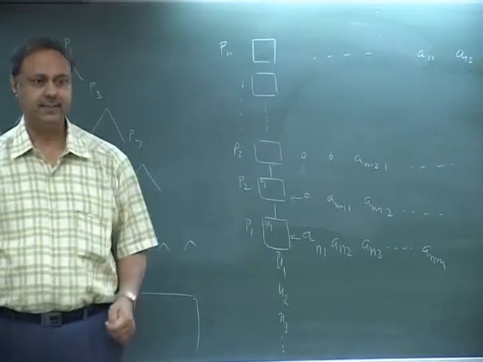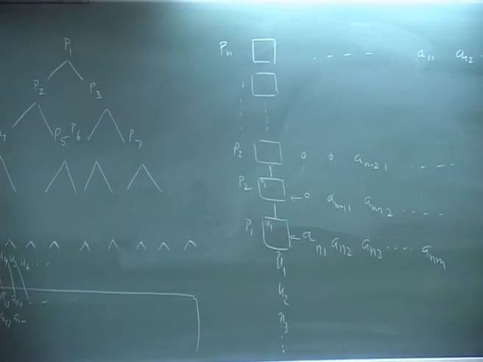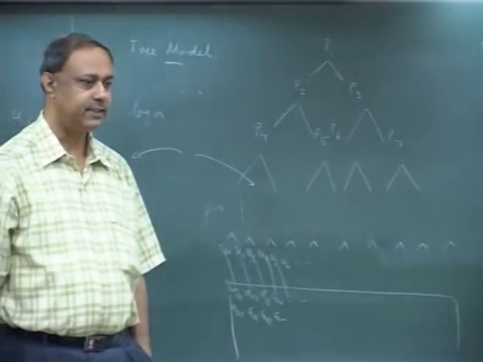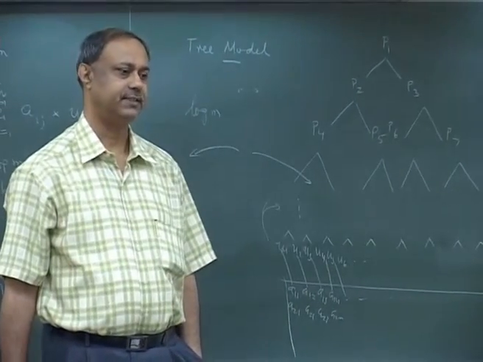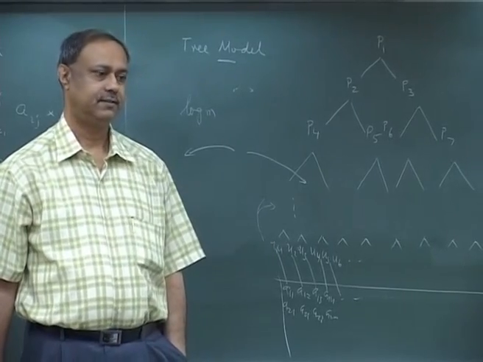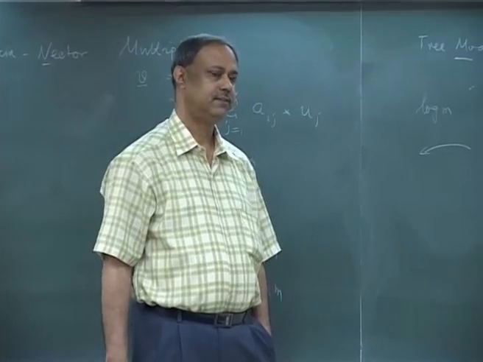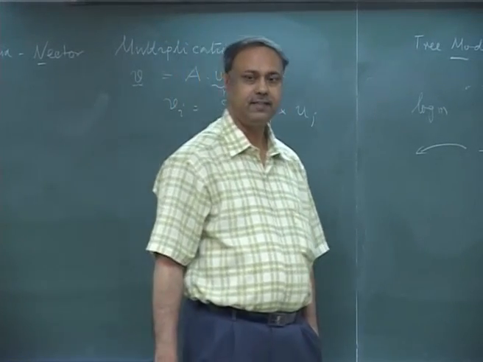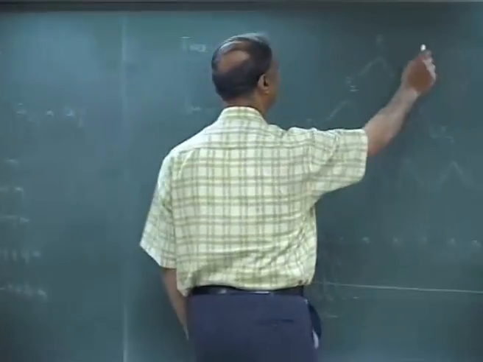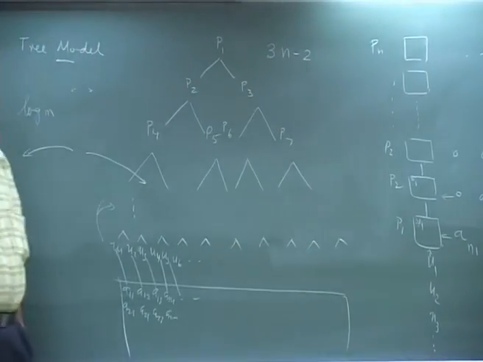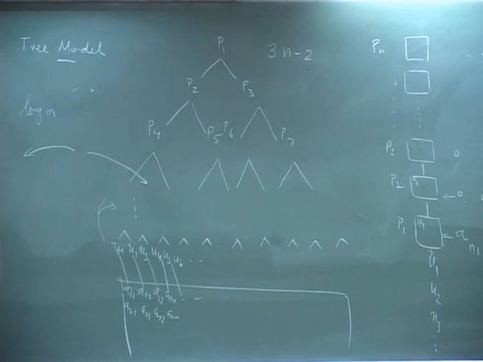So finally, after X iterations, you will be generating the matrix vector multiplication result. What is the value of X? 3n minus 2. This is the first answer I got.